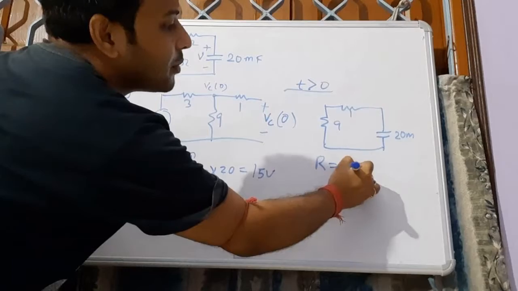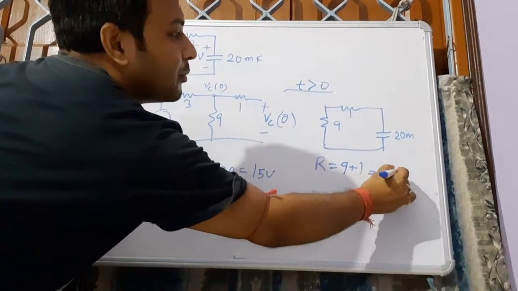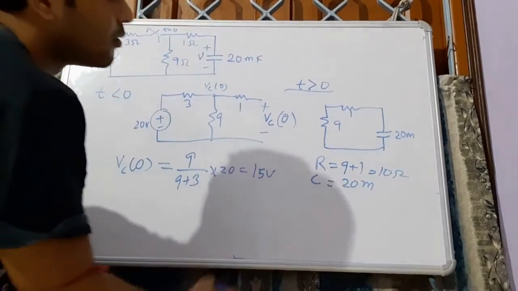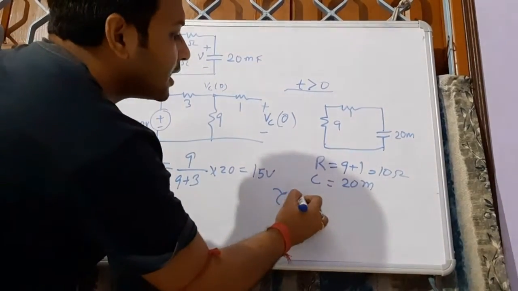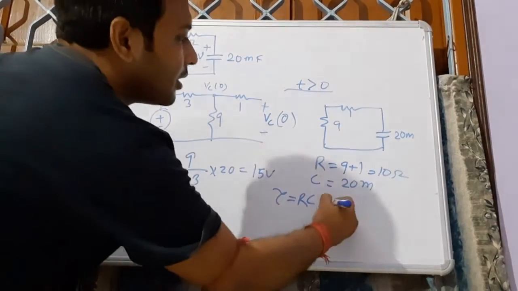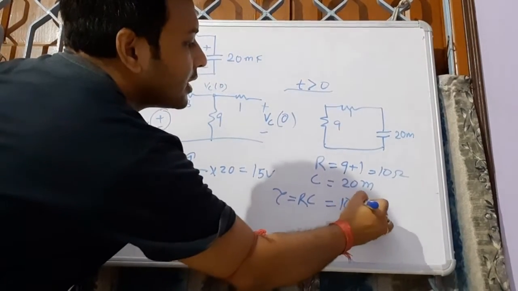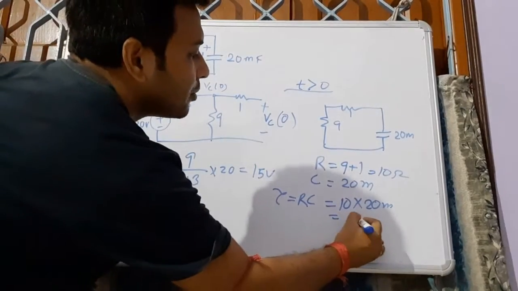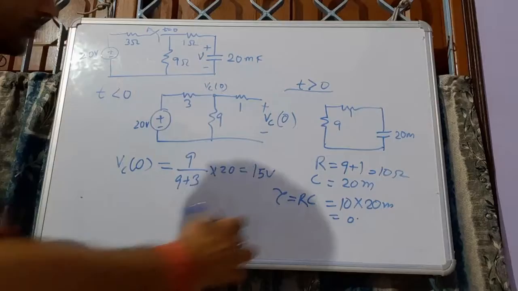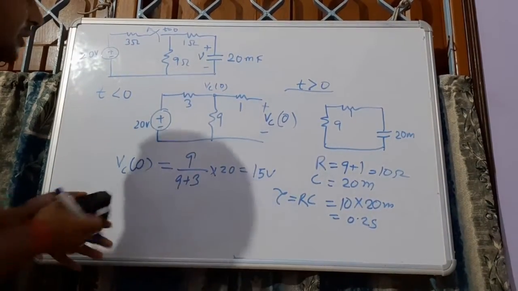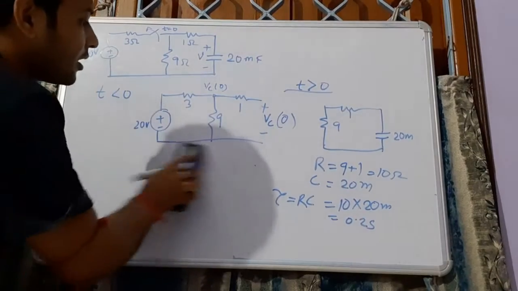The resistance value equals 9 plus 1 equals 10 ohm, right? And C equals 20 milli. Now what will be the value of the time constant? Time constant equals RC, right? And if I put 20 milli times 10, we get 0.2 second, right?